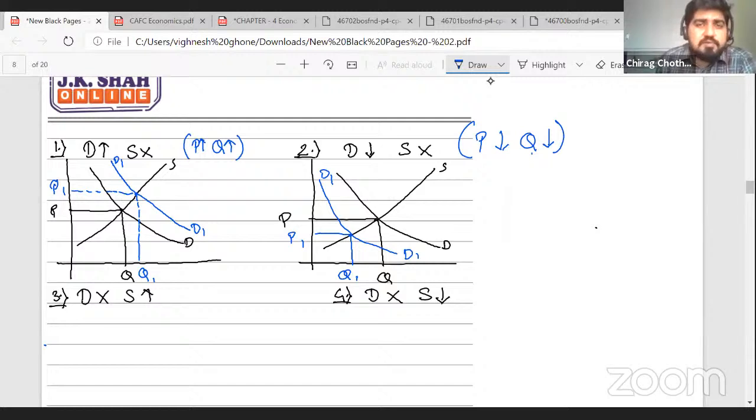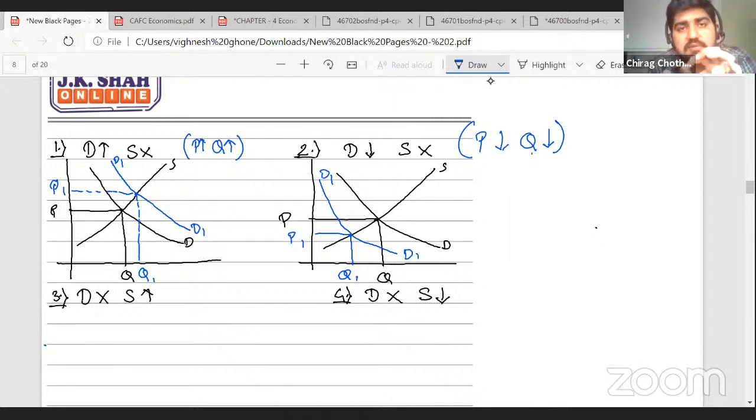So how will the question be placed? Let me tell you one thing. If the income increases, because of the effect of increase in income on inferior quality goods, what will be the new equilibrium price and quantity of inferior quality goods?